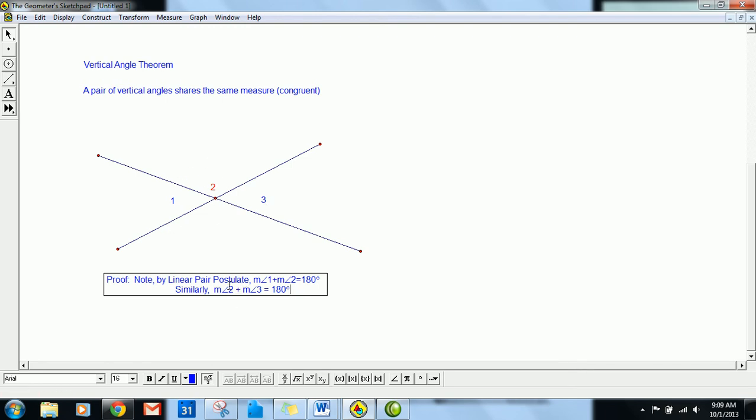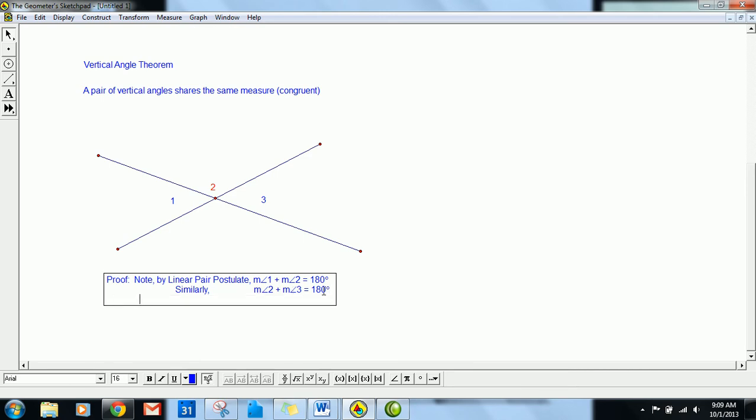Now note that both of these equations are equal to the same value, 180 degrees. So 1 and 2 equals 180, put them right under each other, and 3 plus 2 also equals 180. So if 1 and 2 is 180 and 2 and 3 is 180, then since they're both equal to the same 180, by the transitive property, 1 and 2 has to be the same as 2 and 3.